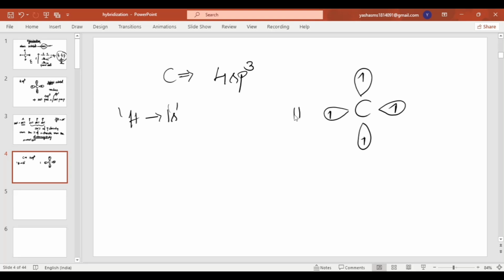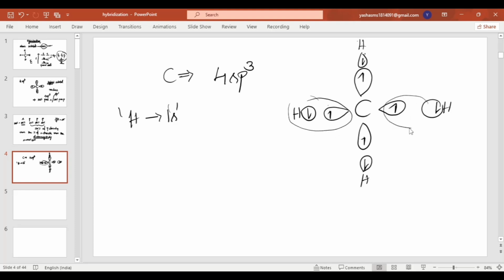I will represent that also with an orbital, drawn like this with the opposite sign. Then each sp3 hybridized orbital of carbon will overlap with the 1s orbital of hydrogen.